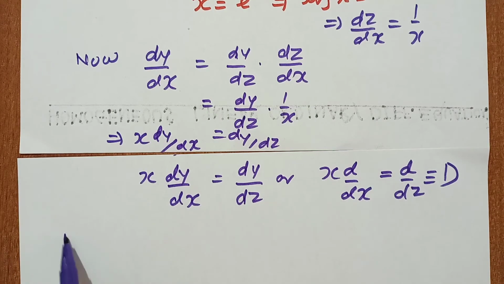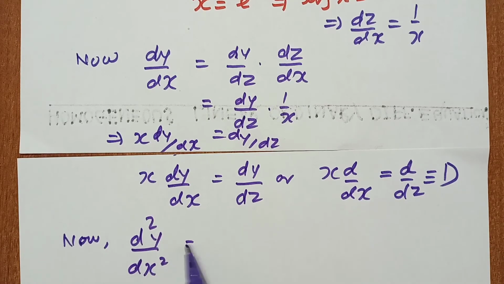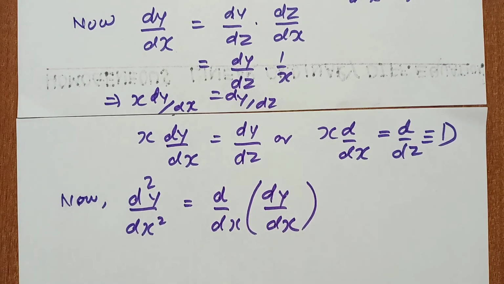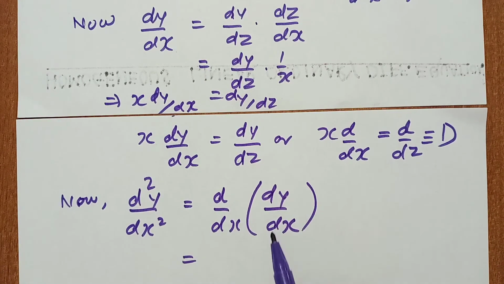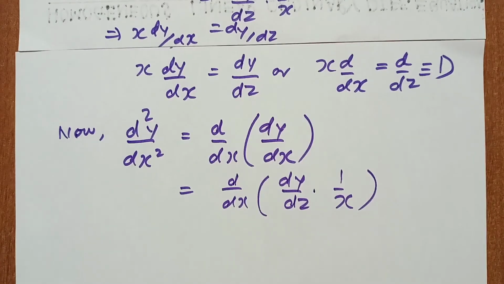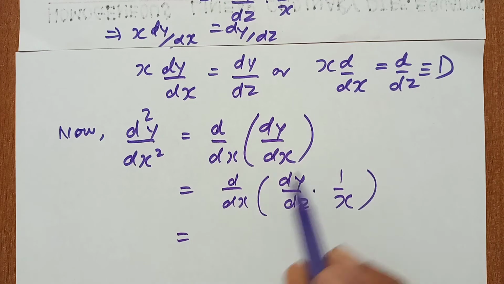So now d^2y/dx^2 equals d/dx of dy/dx. This is very easy. What is dy/dx? dy/dx is equal to dy/dz into 1/x. So by the product of two functions, this is the first function.